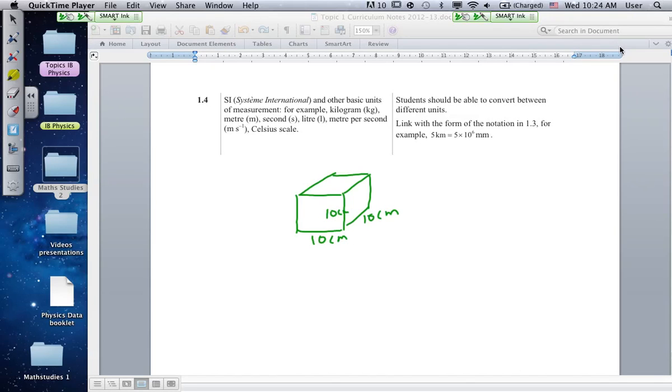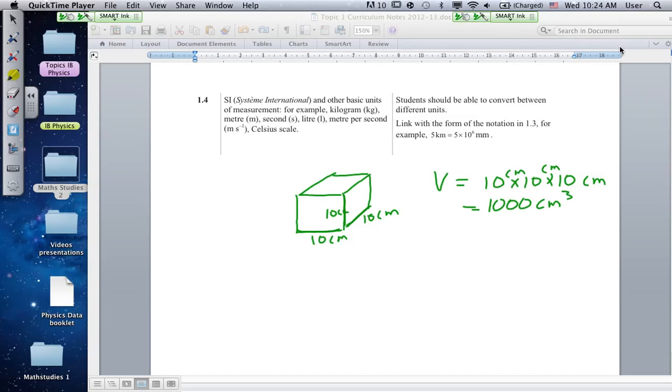What would be the volume of this? It would be 1,000 centimeters cubed. It would be your length times your height times your width. So it would be 10 centimeters times 10 centimeters times 10 centimeters, which gives you 1,000 centimeters cubed.